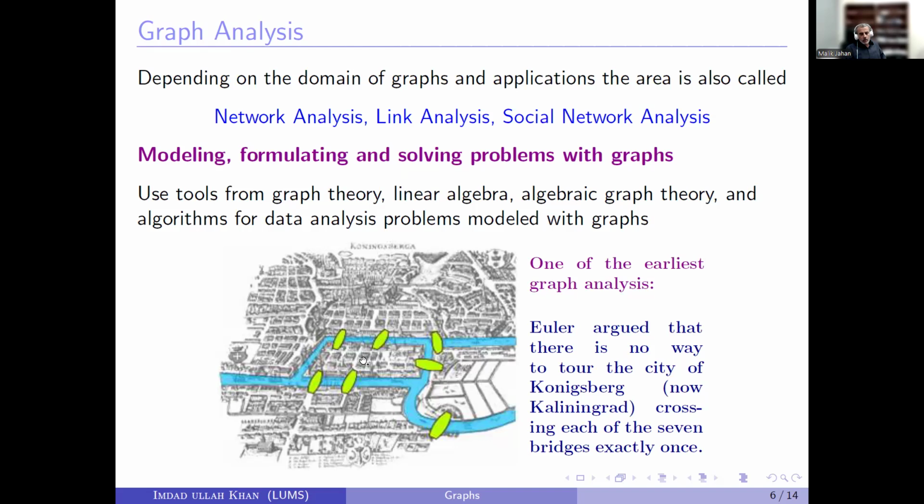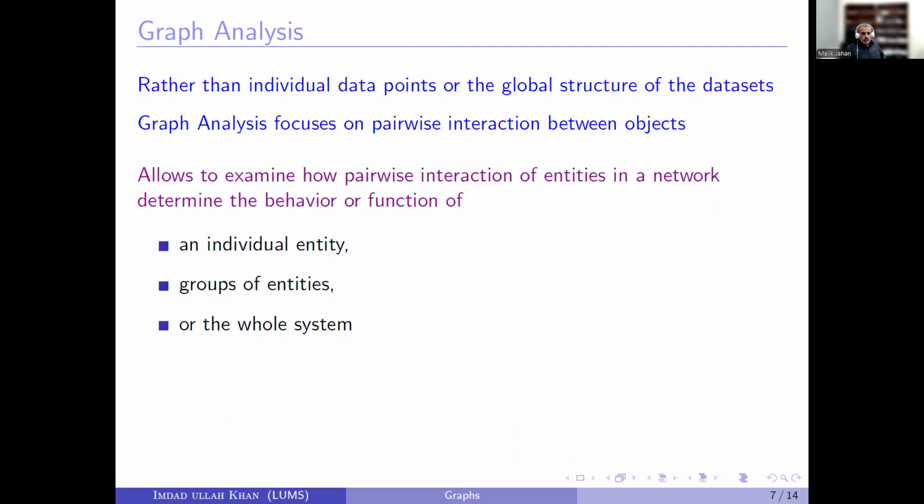Practically, we solve the problems of those domains which are being modeled as graphs. A graph is a discrete structure, so we can model a real world problem of a particular domain using graphs, and we'll see some examples.